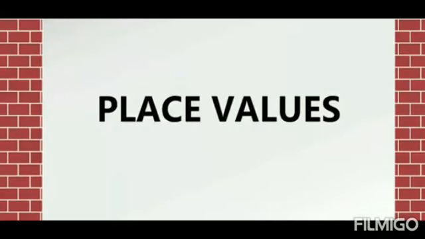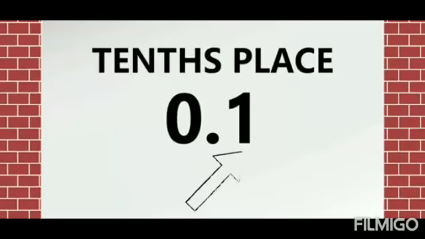Now I'll tell you how to identify the place values. Normally the place values start from the ones, tens, hundreds, thousands. But in decimal fractions, the place value starts from the tenths. If you split at the decimal point, there are two sides, one left and one right.